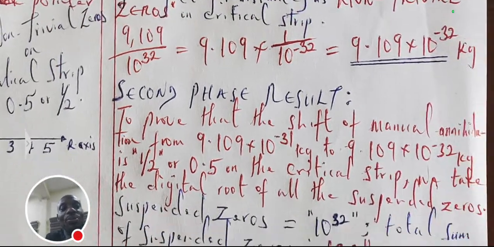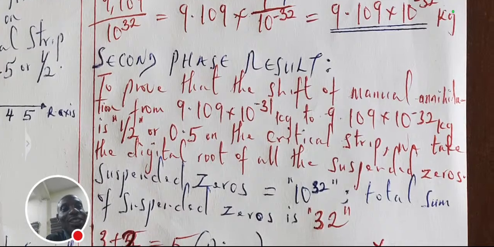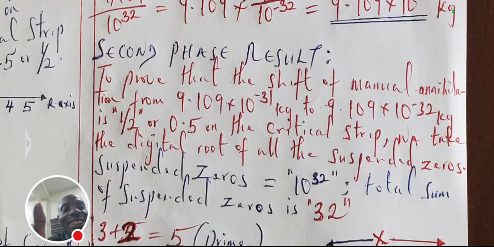To prove that the shift of the electron mass from 9.109 times 10 raised to power minus 31 kilogram to 9.109 times 10 raised to power minus 32 kilogram is 1.5 or 0.5 on the critical strip, we take the digital root of all the suspended zeros.